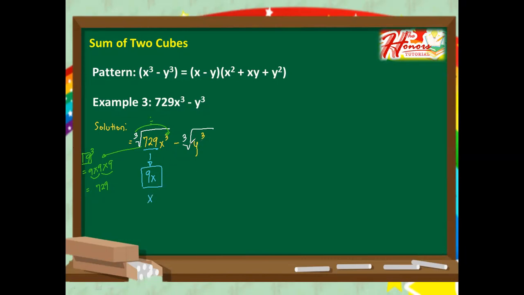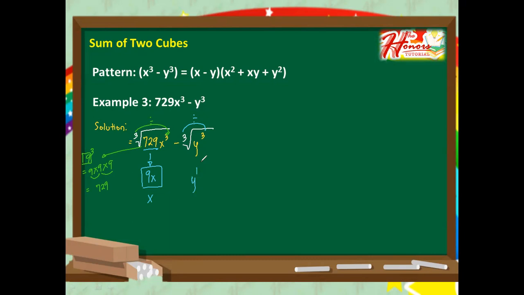Let's have the cube root of y cubed. For this part, you again divide the exponent by the index, so that is 1. So we have here y raised to 1.